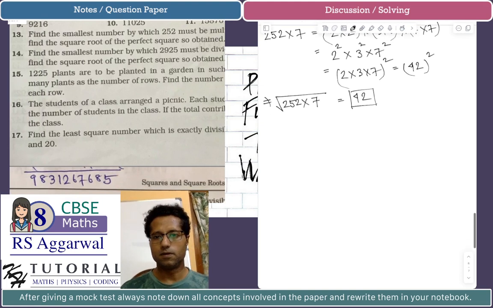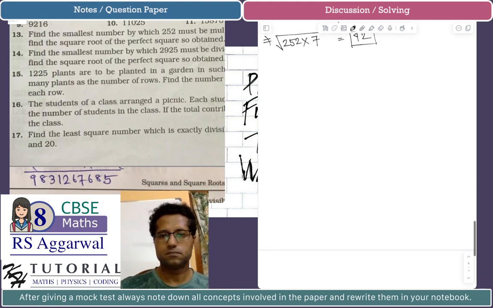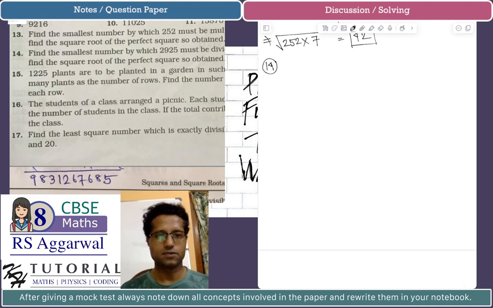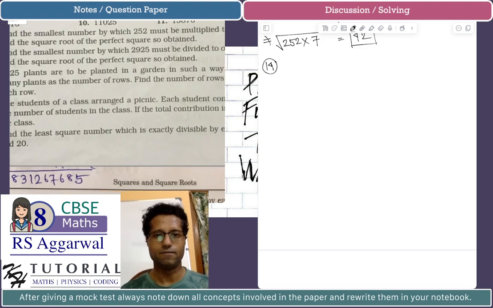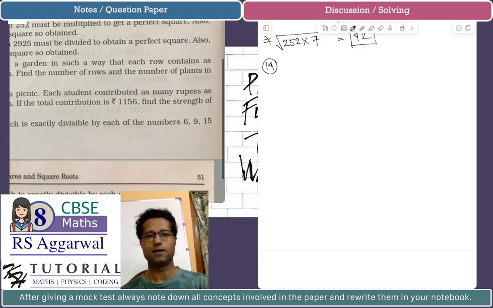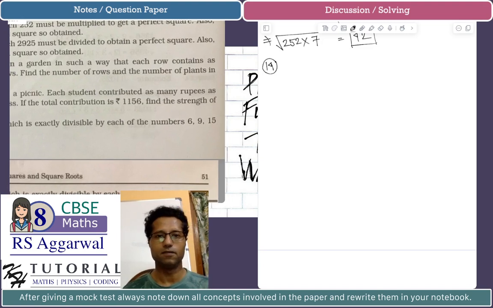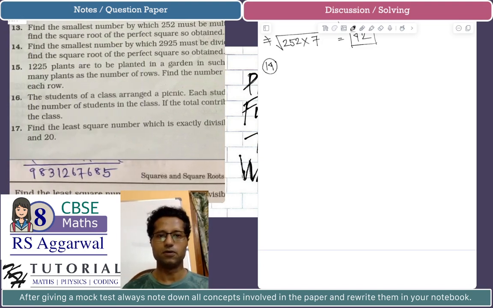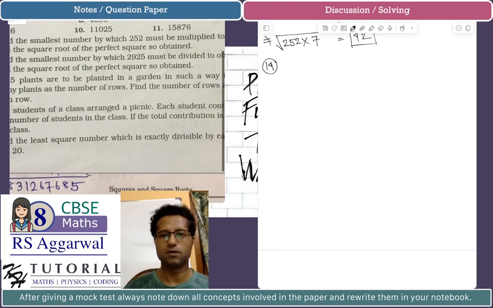Let's do problem number 14. Find the smallest number by which 2925 must be divided to obtain a perfect square. So this time we have to find the number that must be divided, not multiplied, divided. Also find the square root of the perfect square so obtained. So what is the question?